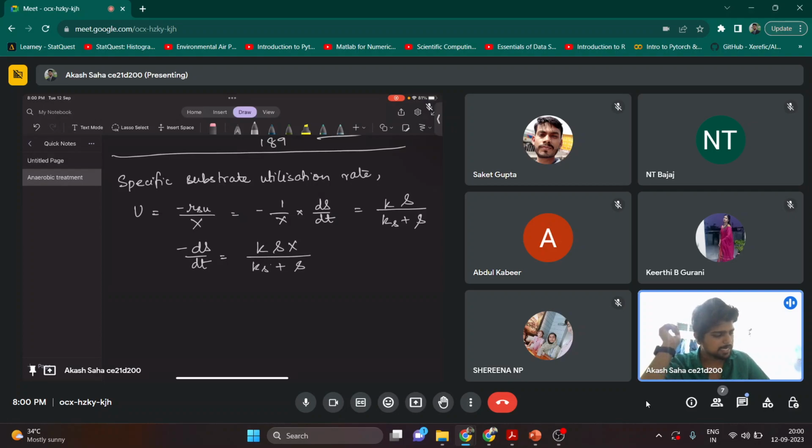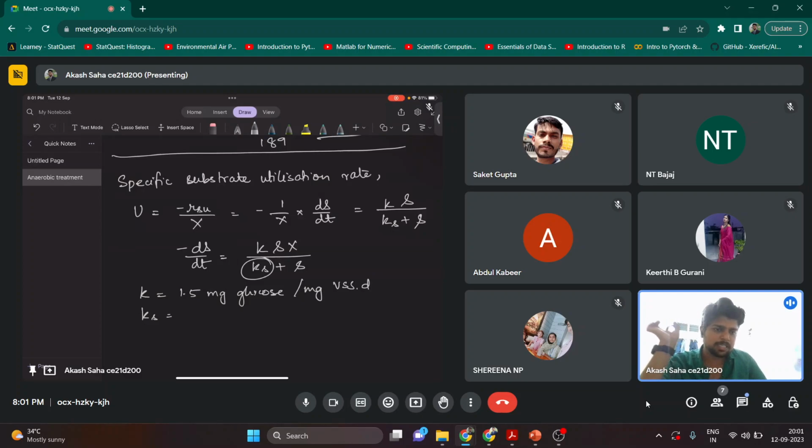So here Ks is the half saturation constant, k is the utilization constant, and S is the substrate concentration. Here k value is given as 1.5 milligram of glucose degraded per gram of VSS, that is microbes, per day. So my k value will be equal to 1.5. Ks means the half saturation constant.